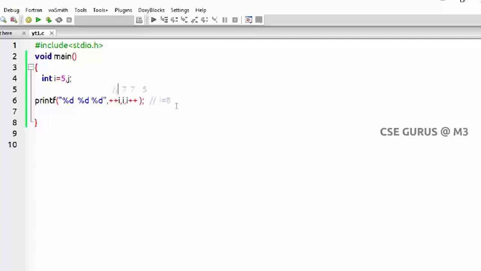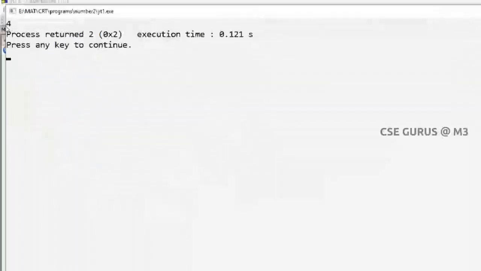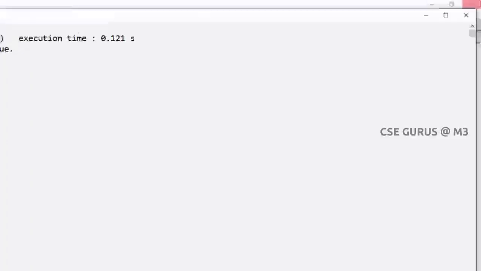The same rules will be applicable for decrement. So I'll take one example. It is like decrementing; one value will be decremented. If I write minus minus I, that means the 5 value will be decremented, and then it prints the value, which will be 4. Yeah, you can see the answer as 4.